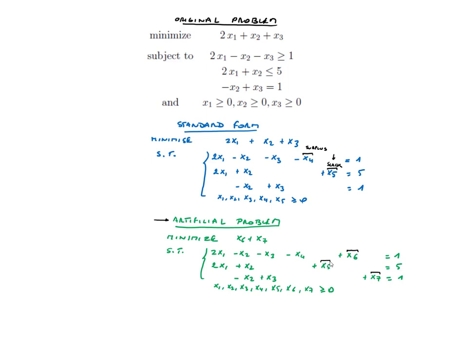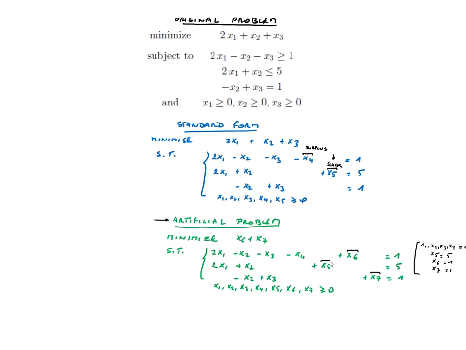And for these 3 constraints now we have a basic feasible solution. It is x5 equal to 5, x6 equal to 1, and x7 equal to 1. All the other variables, x1, x2, x3, and x4, can be set to 0. So this is a basic feasible solution to this problem.